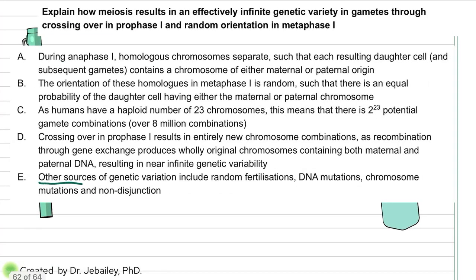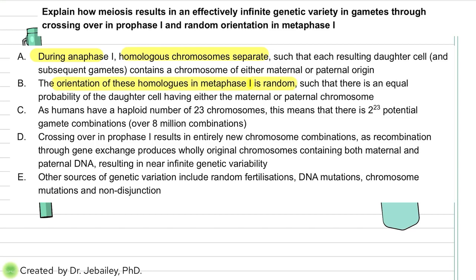And other sources of genetic variation include random fertilization. That means you don't know which sperm is going to go with which egg. There can be DNA mutations, chromosome mutations, or even non-disjunction. So from here, it's a full sentence writing, but if I had to put in the words that you must focus on, the first thing you will talk about is how the homologs separate during anaphase. This is all by chance. The second thing is the orientation of homologs in metaphase is always random.